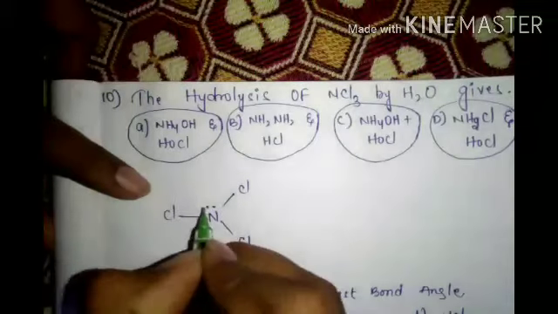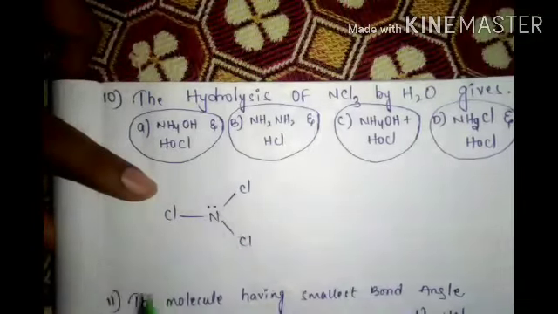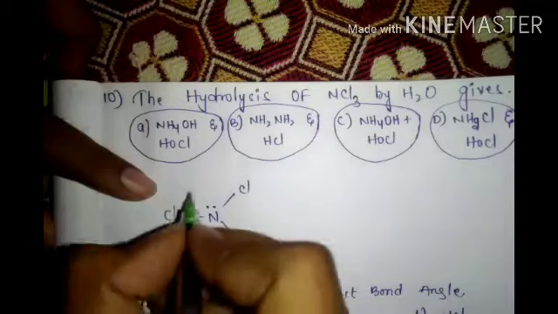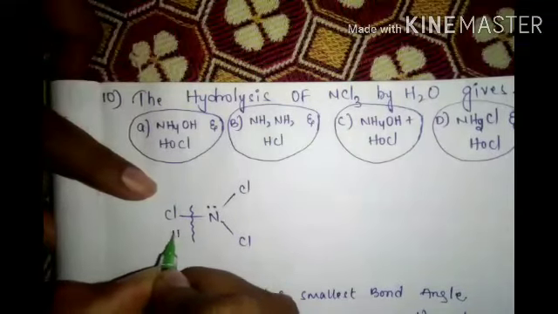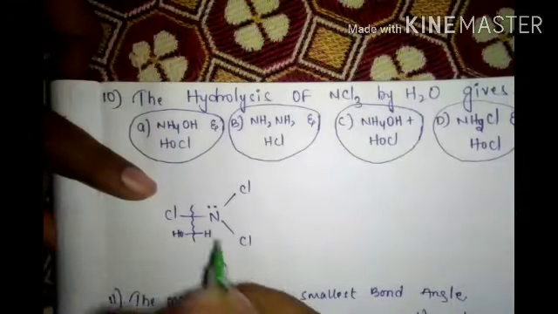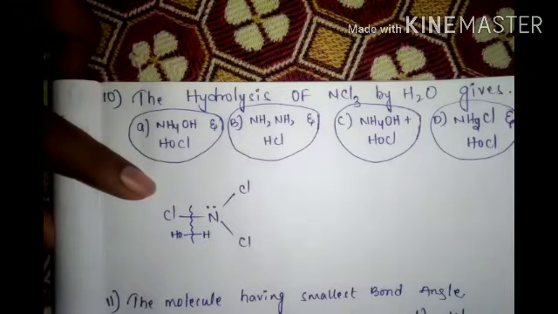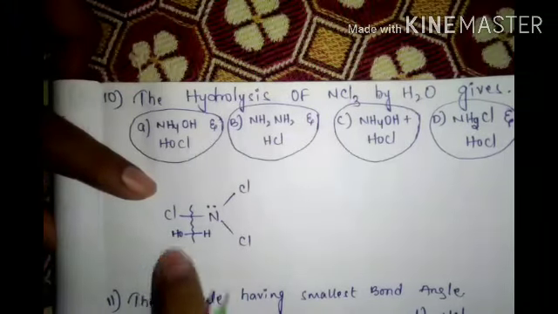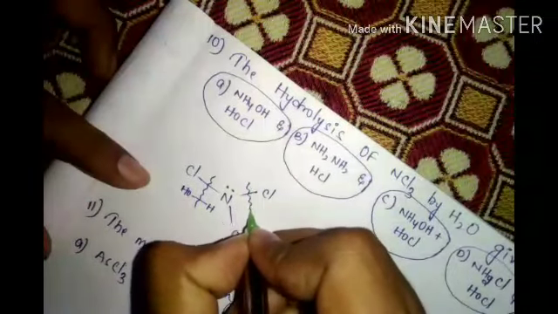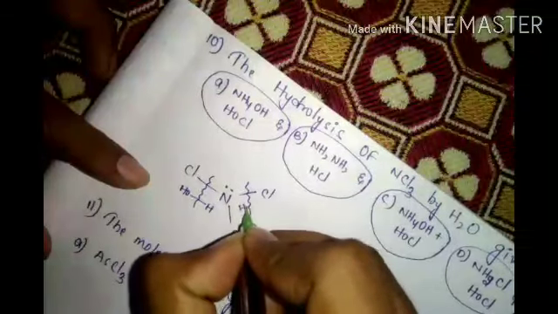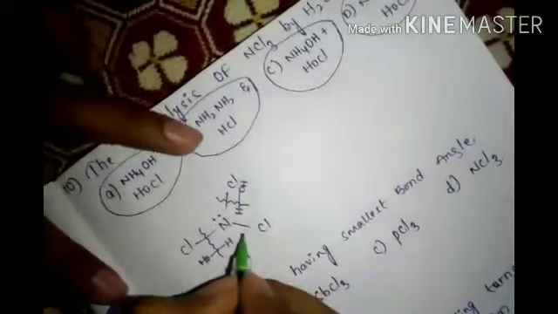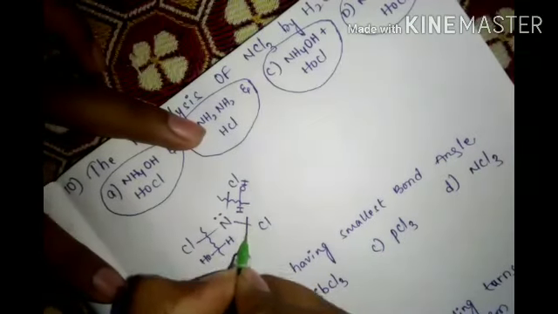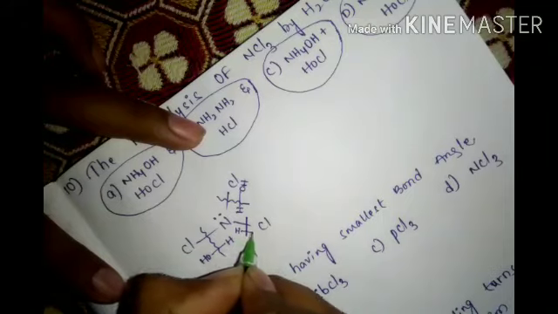What will happen? Here the bond is breaking like this, one side OH, one side H. This is called hydrolysis. Here also the same: this side bond breaking, this side H, this side OH. Next, same like this. Here H, OH.